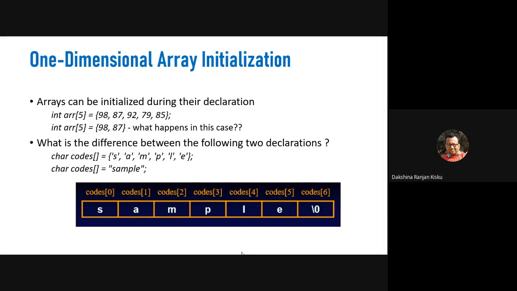Why? Because the first will go out of space. Let me know how many. What will be the dimension of the array if we want to specify the dimension for the array codes? What will be the dimension of the array for the first case and for the second case?